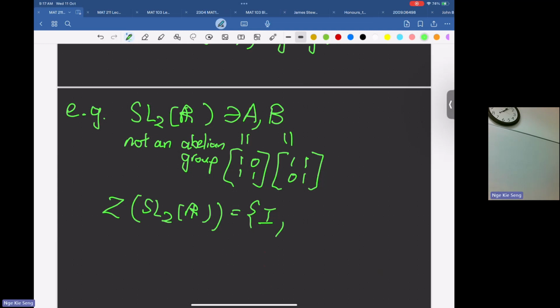A little bit different from identity. That has determinant one.